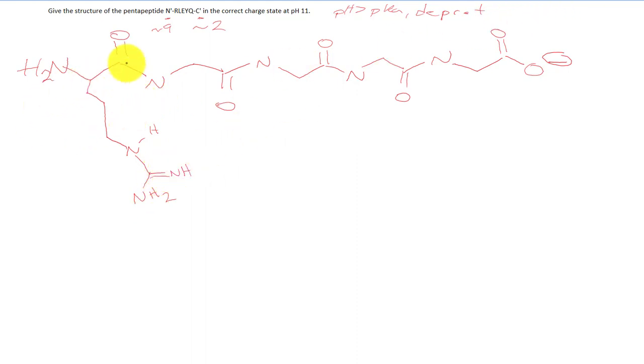But here, our pKa is 12.48. Our pH is now below the pKa. 11 is below 12.48. And so we are protonated. So that means we have to add another hydrogen, NH2, and we have to add a positive charge on this side. So that's a protonated arginine.